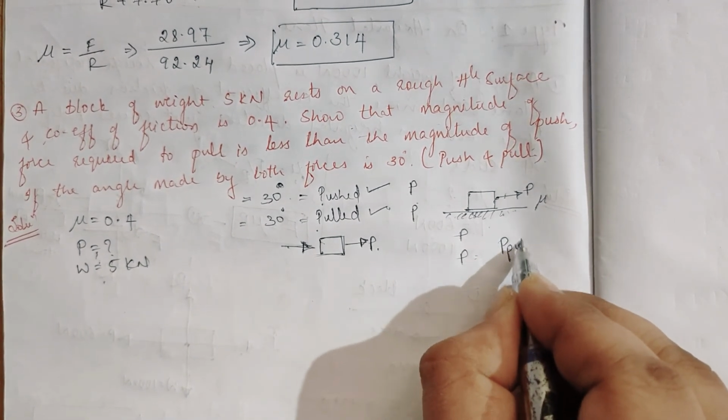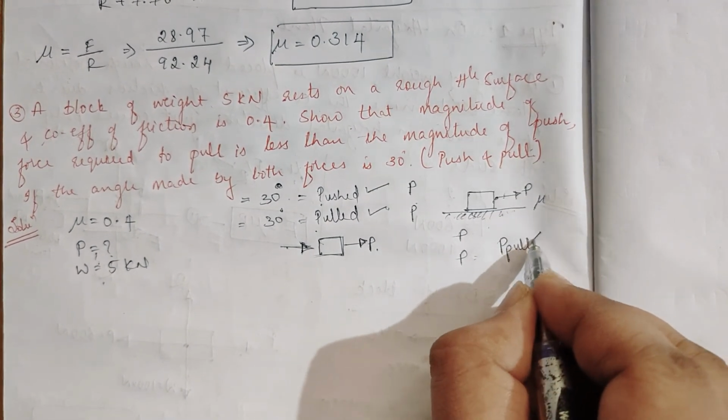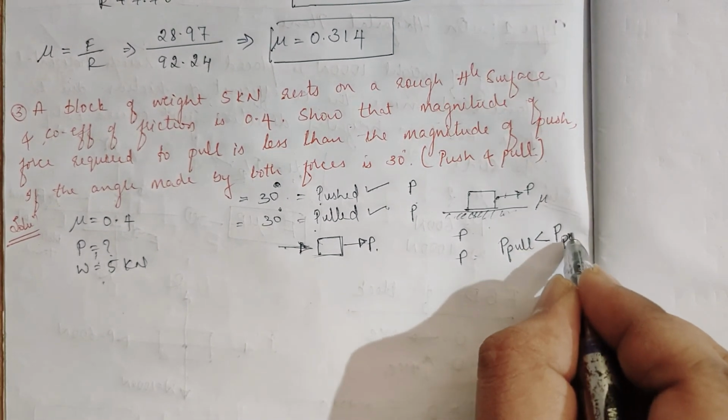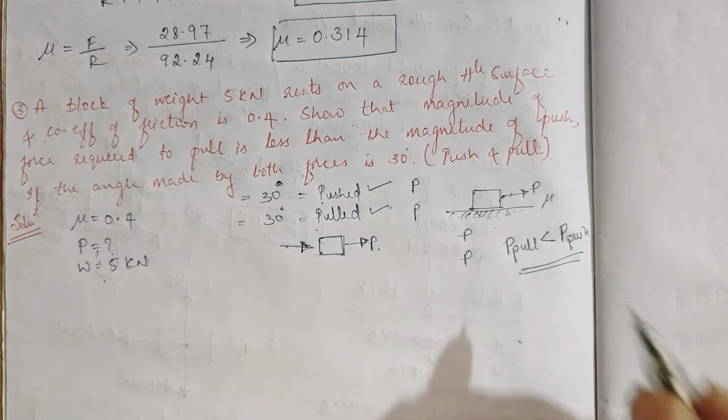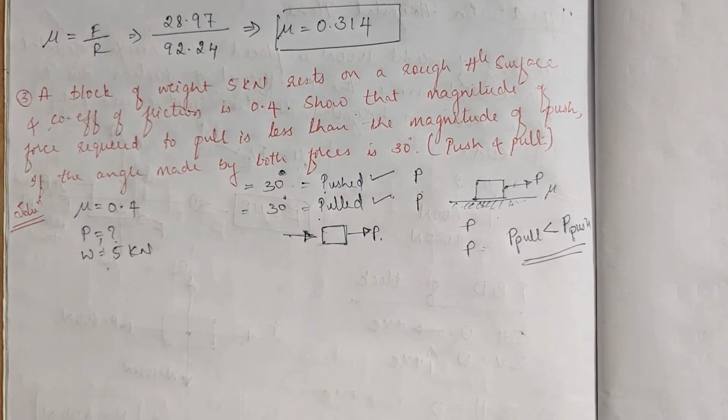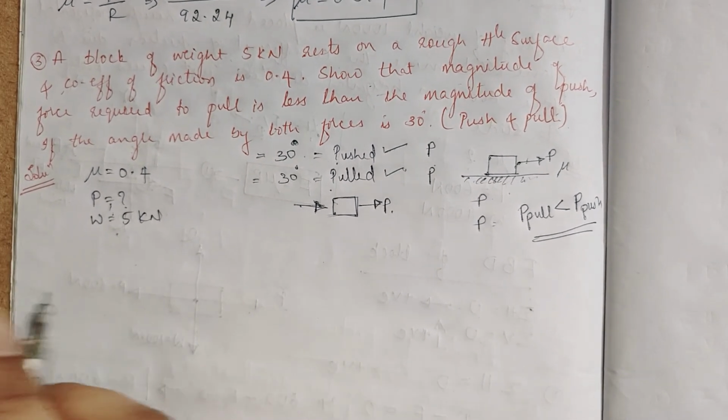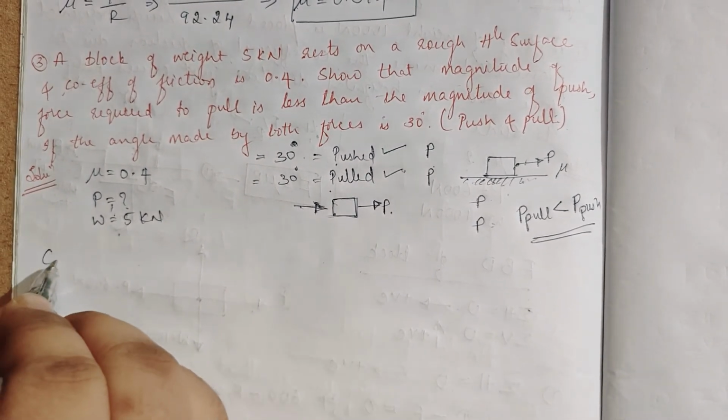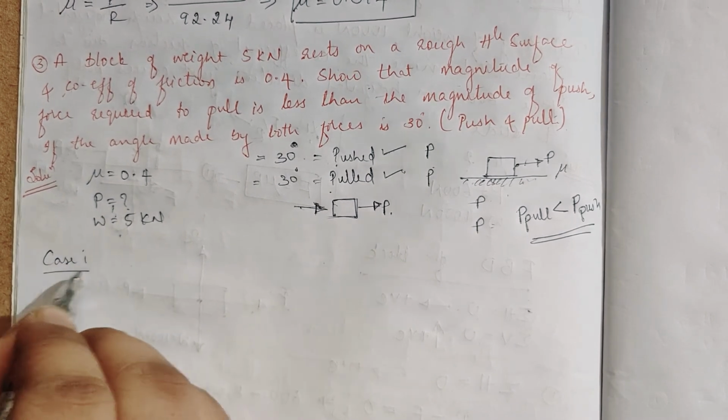The pull is less than the P of push. We have to show that pull is less than push. Okay, so I'll take one by one. That is case 1.